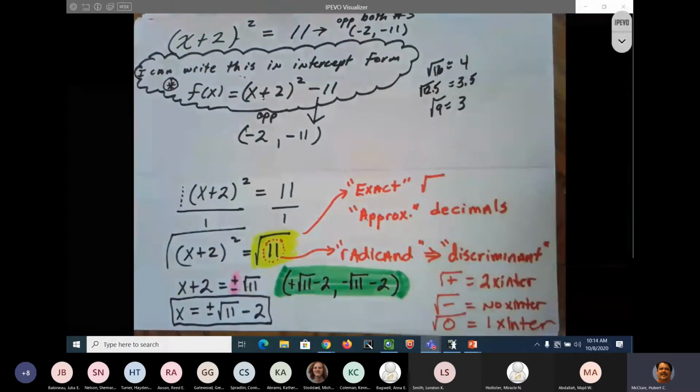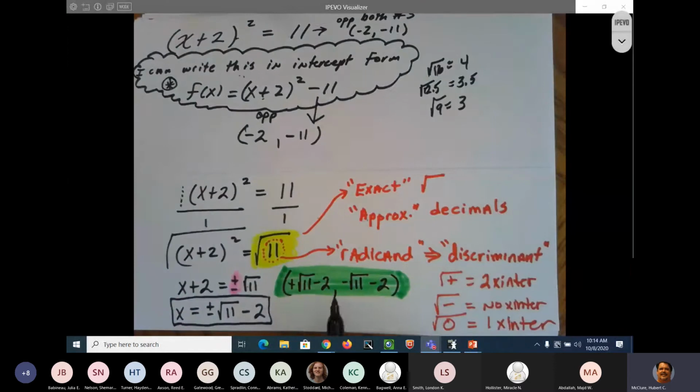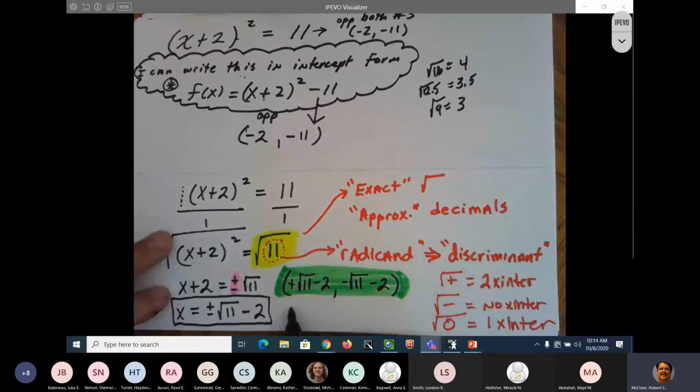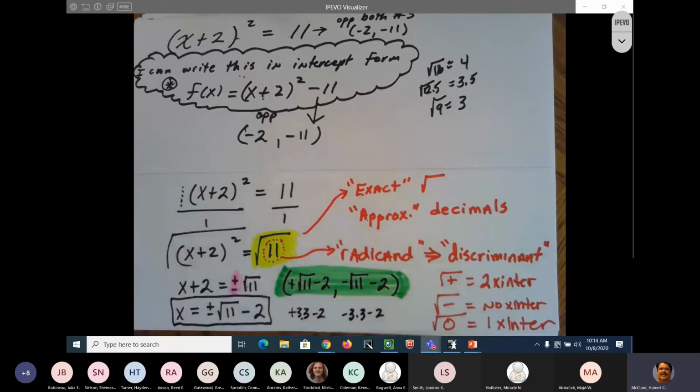So I'm going to say that the square root of 11 is around 3.3. So that's going to be positive 3.3 minus 2 and negative 3.3 minus 2. 3.3 minus 2 is 1.3, and negative 3.3 minus 2 is negative 5.3.